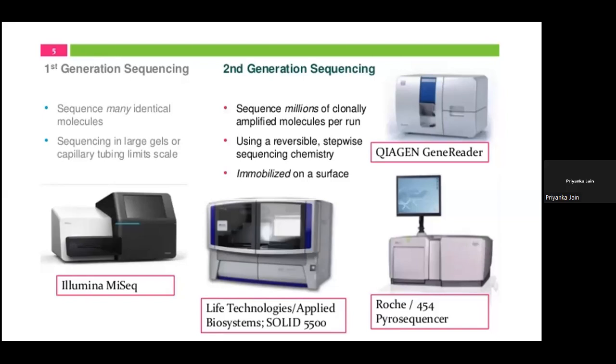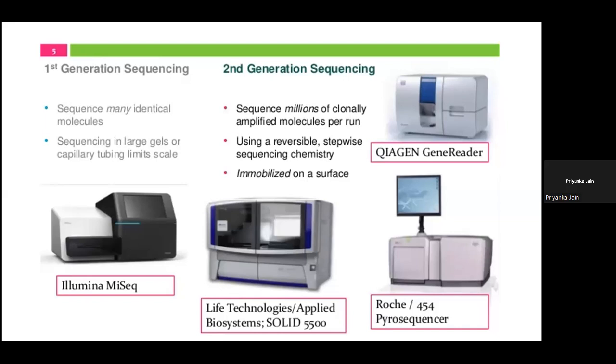Then came second generation sequencing, in which you sequence millions of clonally amplified molecules per run using an irreversible stepwise sequencing chemistry on an immobilized surface, which was used by Life Technologies, which is Applied Biosystems.